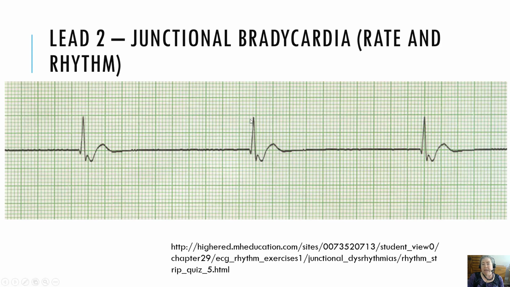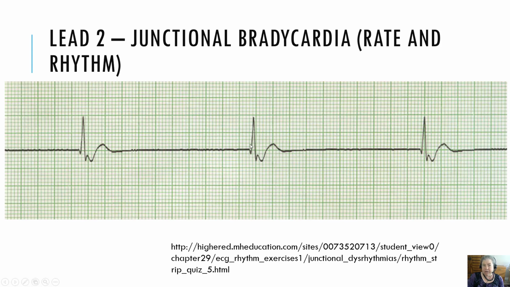There's a beat every 2 seconds, a heart rate of 30. Now, I'm looking for P wave. Where's my P wave? I don't see a P wave. But what's this little droop here? Is that ischemia? And it occurs exactly the same in every beat. And so what's going on here is that this P wave is occurring after ventricular depolarization.